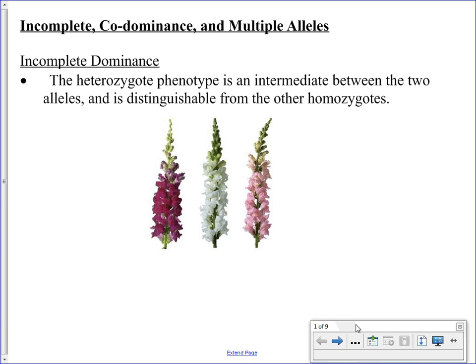So this first one here, incomplete dominance. Incomplete meaning that we don't have one allele which is dominant over another allele. I did mention that prior to the time of Gregor Mendel, what most people did believe in was blending inheritance. So when we think of blending inheritance, that is really what incomplete dominance is.